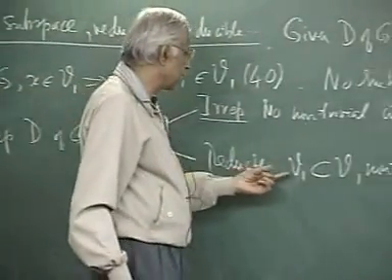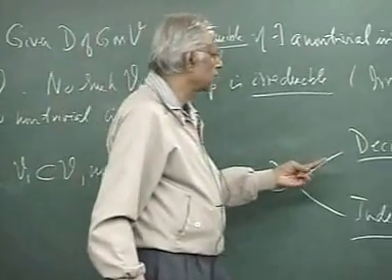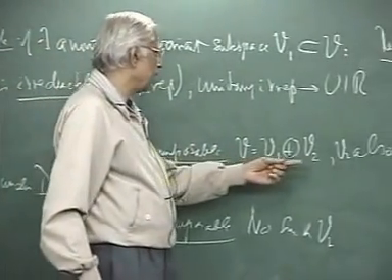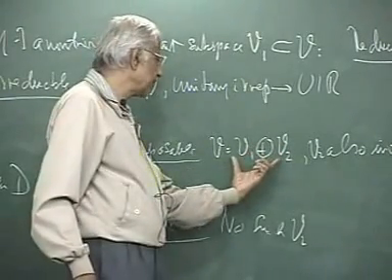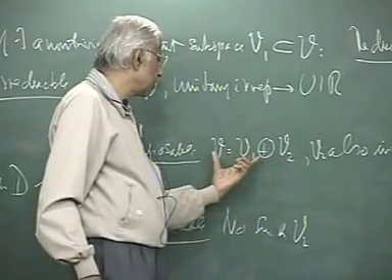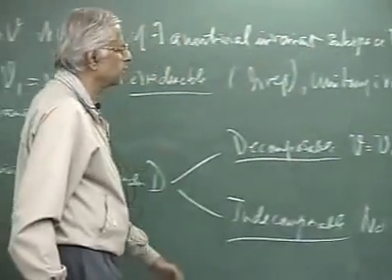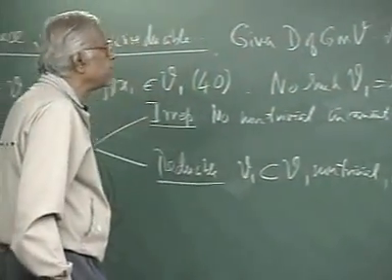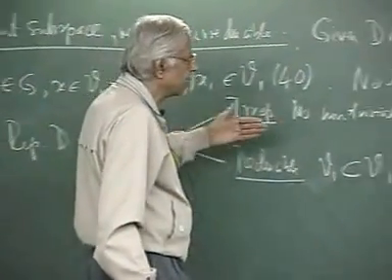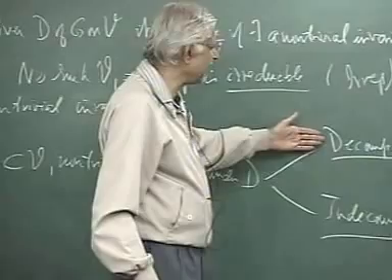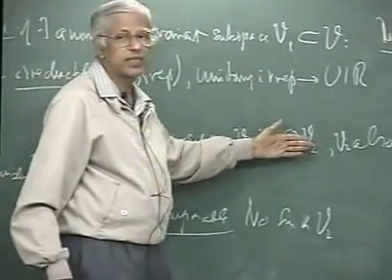You can then ask, can I supplement it with another subspace V2 with this direct sum being equal to V, with V2 also an invariant subspace? If so, you can see the original representation has become the direct sum of a representation on V1 and a representation on V2.